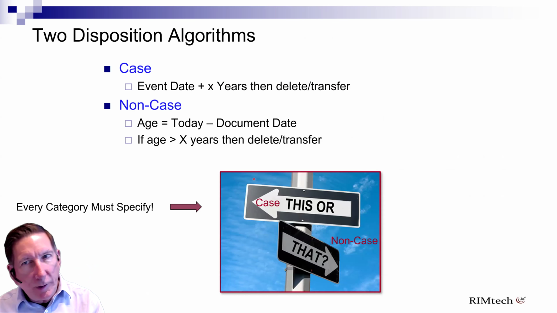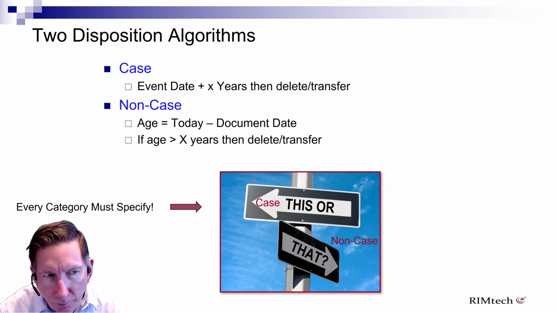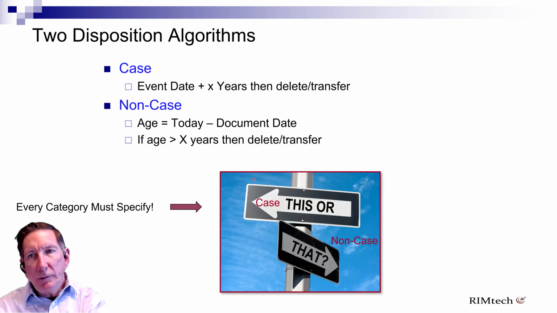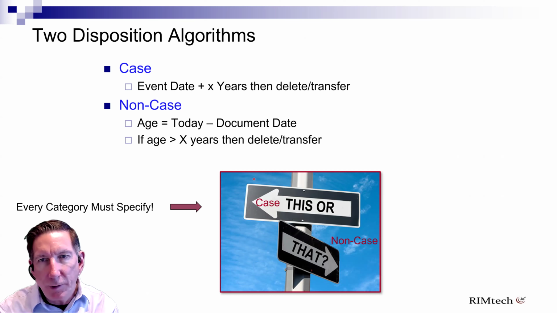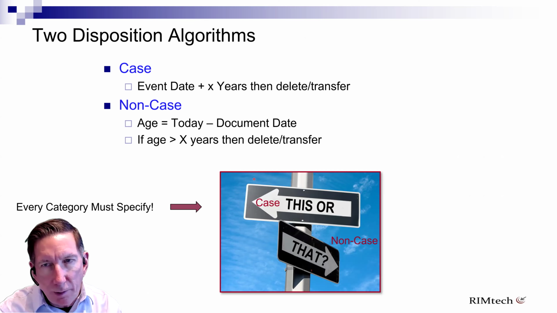So, as I said, the software has two modes of operation. It's going to calculate disposition in two different ways. If it's a case category that the record is coming from, then it's going to calculate event date plus X years, then delete or transfer, whatever comes at the end of the life cycle. If it's not case, then it's going to do this calculation. It'll say, how old is that record?